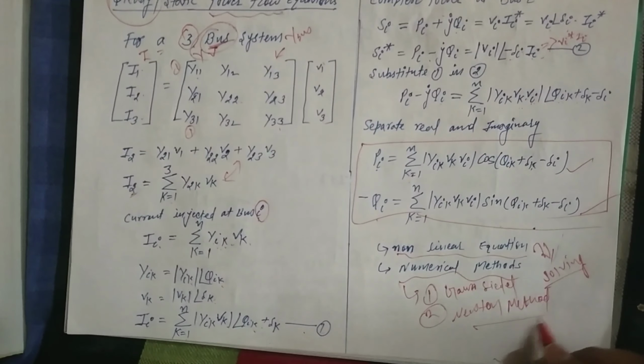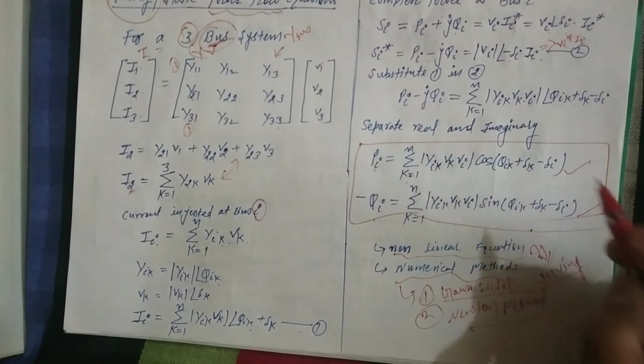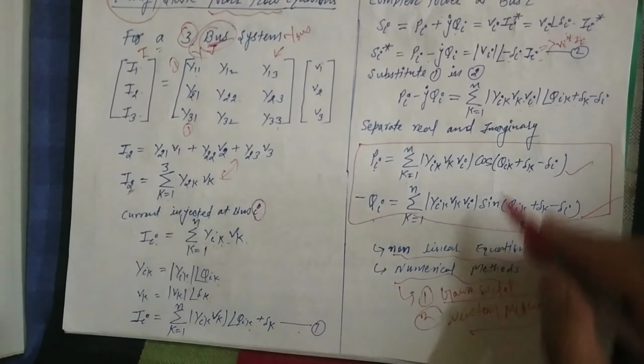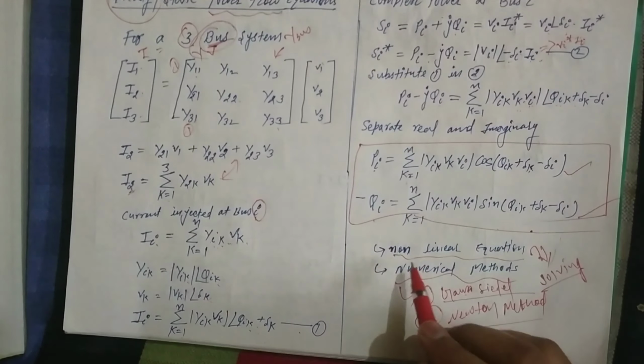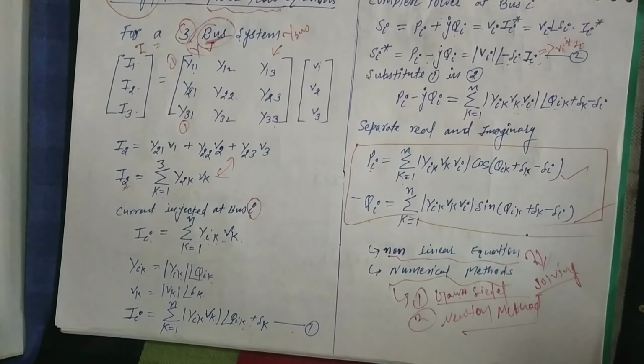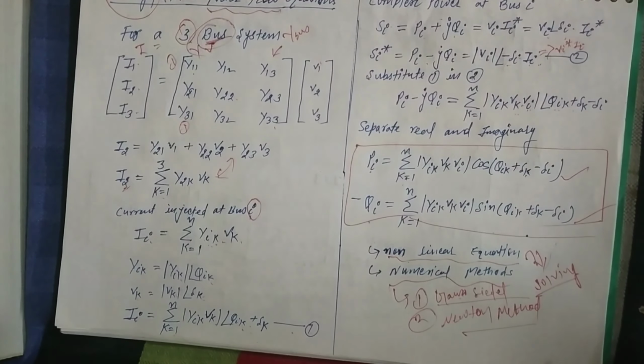How Gauss-Seidel will help in the solution of real and reactive power equations, and how the Newton-Raphson method will help in the solution of non-linear equations. Both are non-linear equations. Now you got how the real and reactive power will flow in the system.